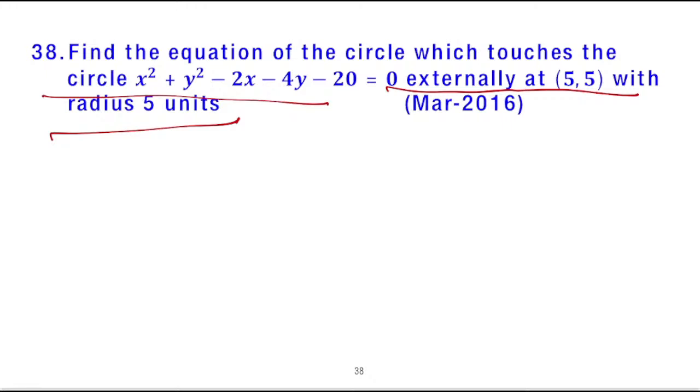What is he saying in the question? We need the equation of a circle, fine. But that circle is touching another circle externally, with a radius they gave. Right, my dear.